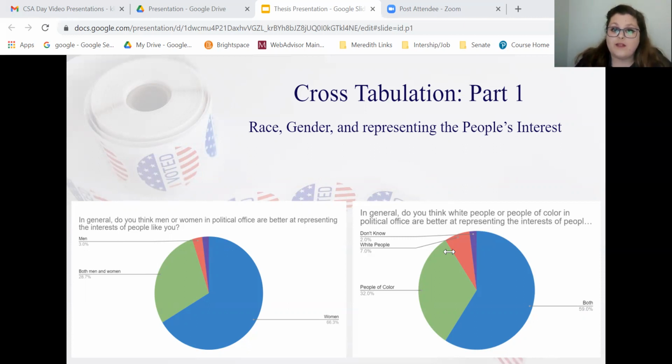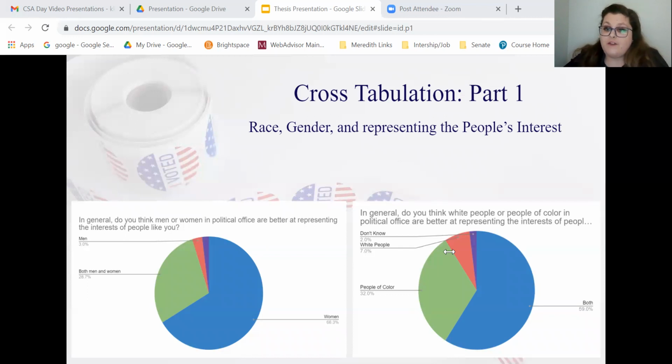One was that women are more compassionate and empathetic in the eyes of society a lot of the time. And so people felt that women would be able to represent them well. However, I also noted that the vast majority of my respondents were women. I don't know the number off the top of my head, but the vast majority of my respondents were women. And so it can also be that they felt that only women can best represent women.